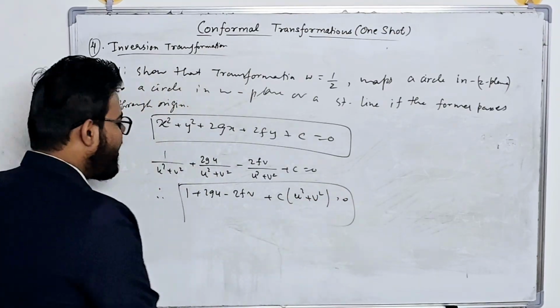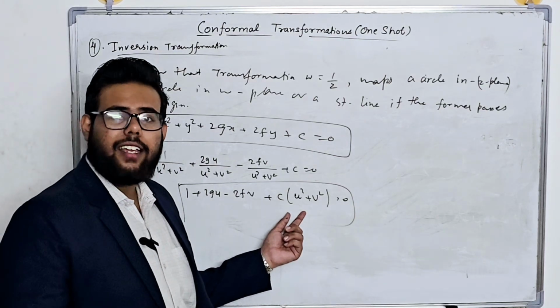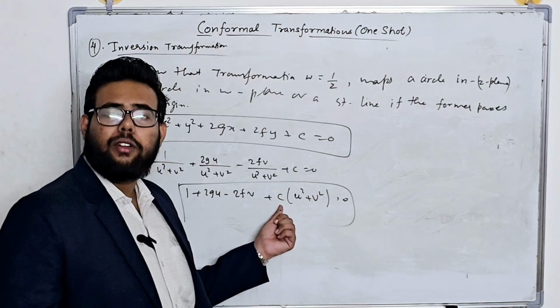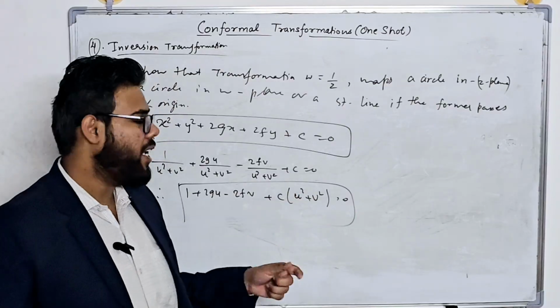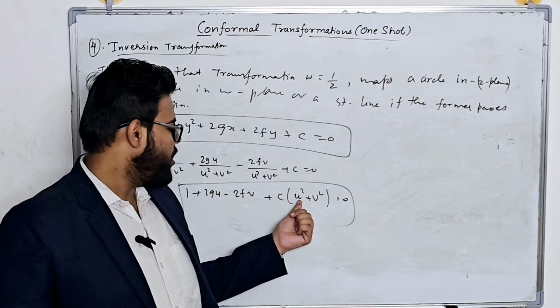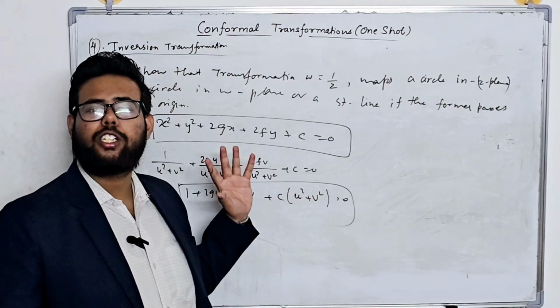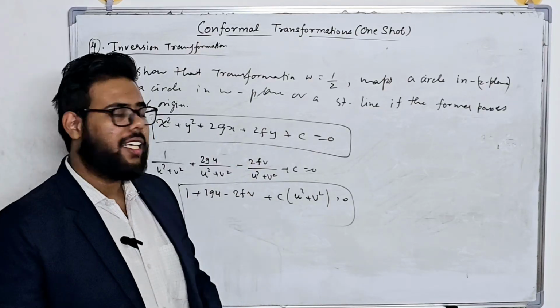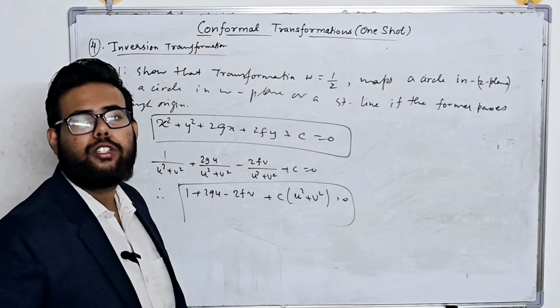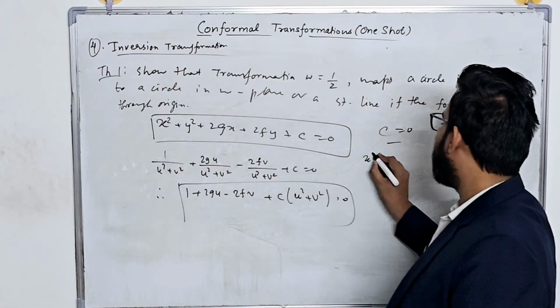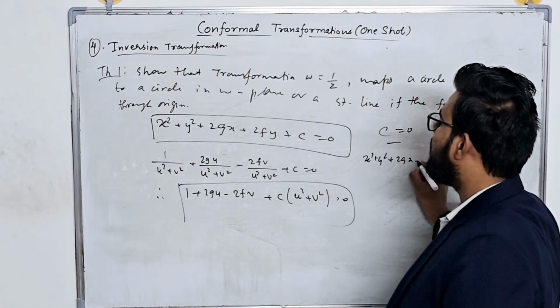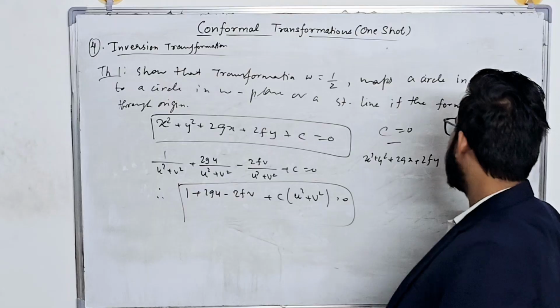Now notice that this is a circle if c is not equal to 0, and it is a straight line if c is equal to 0. Why? Because what makes a circle? This term u square plus v square. If this becomes 0, then of course it will be a straight line. And if c is equal to 0, it implies that x square plus y square plus 2gx plus 2fy is equal to 0, right?